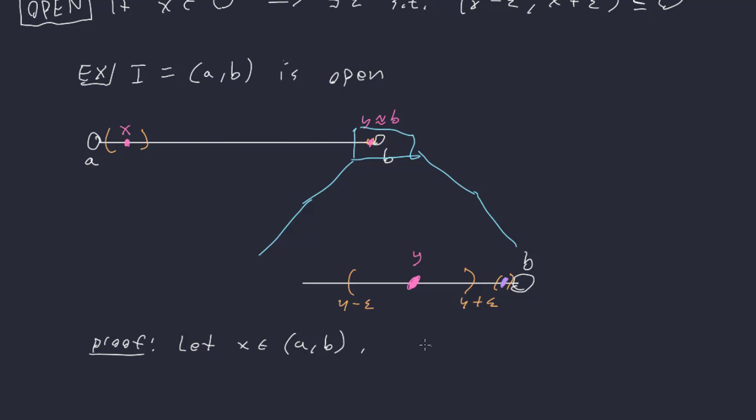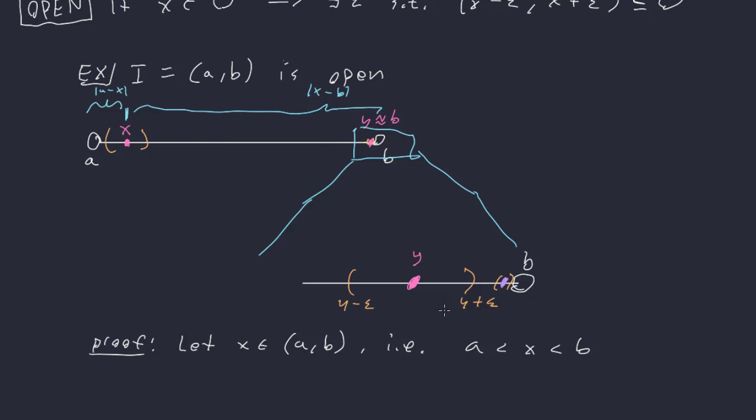So, in other words, x is trapped between a and b, and we will have two possible distances we could pull from. There's either the distance between a and x, or there's the distance between x and b.